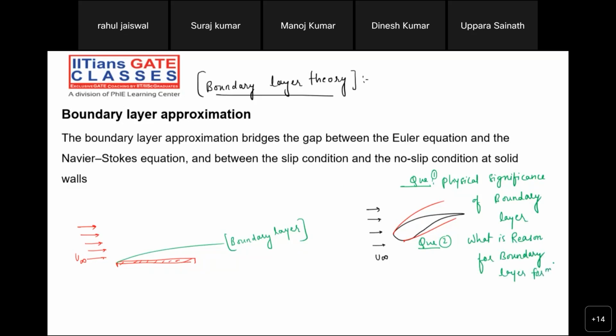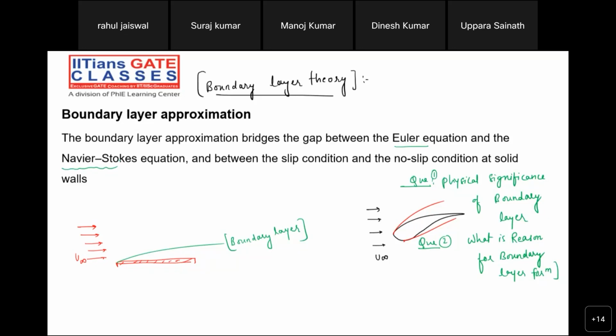Now, for understanding these two questions, you must stick to the one hour class, right? Only at the end of the session will you understand the physical significance as well as the reason. The reason, of course, I will tell you very quickly. The boundary layer approximation bridges the gap between the Euler equations and the Navier-Stokes equations.